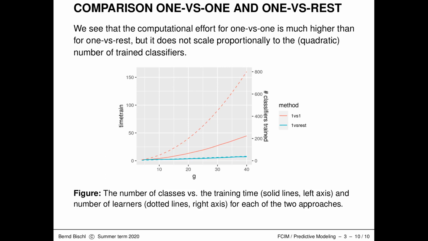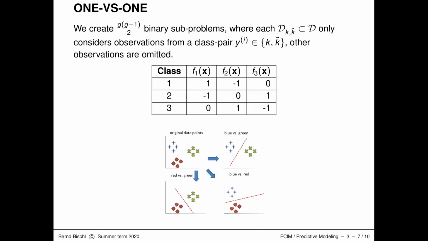The reason, especially here for the support vector machine, is that you have to consider what happens with the training time of each of these binary classifiers. Your number of observations goes down from n to 2 times n divided by G, so this goes down with the number of classes in a linear fashion.